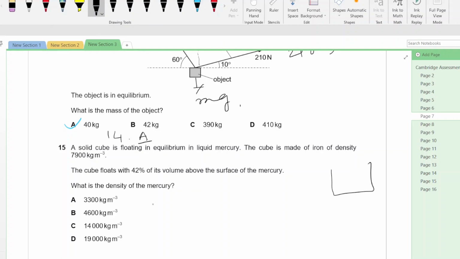This is the cube and the level of the mercury is this. Let the edge of the cube be L meter. Therefore, its volume would be L cube meter cube.